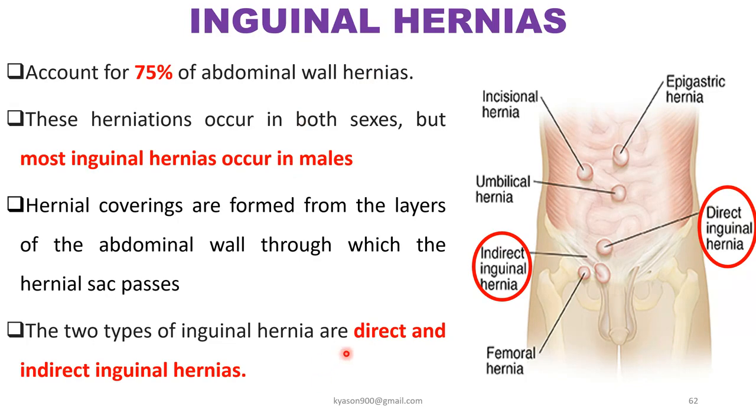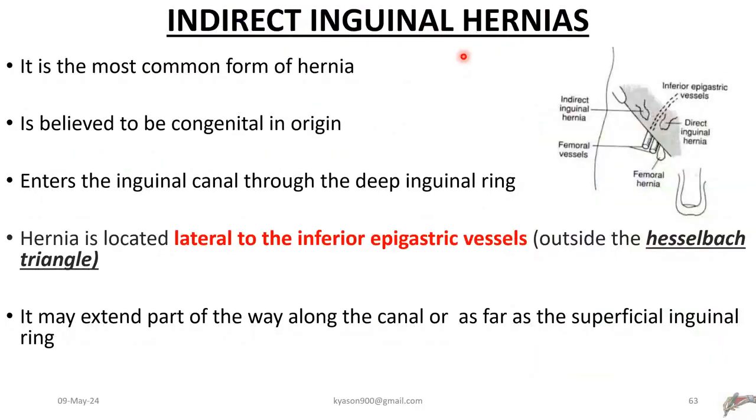They are categorized into two, direct and indirect, and these can be appreciated one by one. First of all, why are they called direct and indirect? What do you think? Why are we calling them direct and indirect? One is called direct, the other one is called indirect. Why do you think so? Anyone?